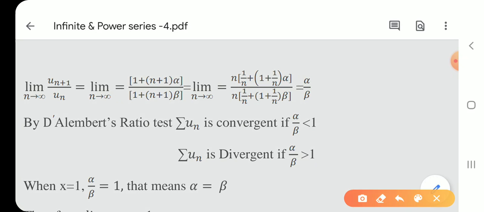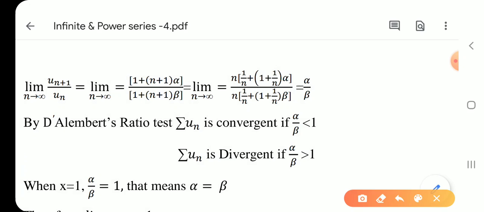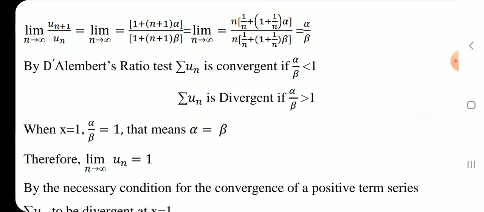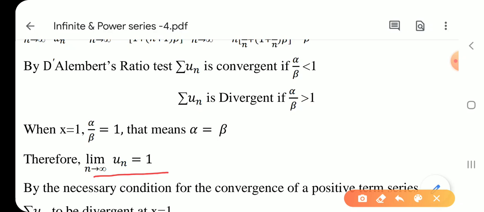When you put alpha is equal to beta, here also alpha is there, here also it will be alpha. Both will cancel, you will get 1. So limit of n tends to infinity, un becomes 1, which is not equal to 0.